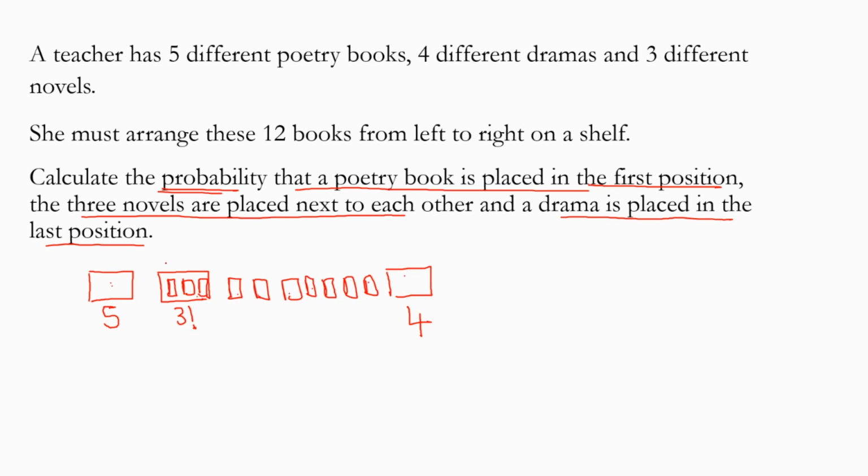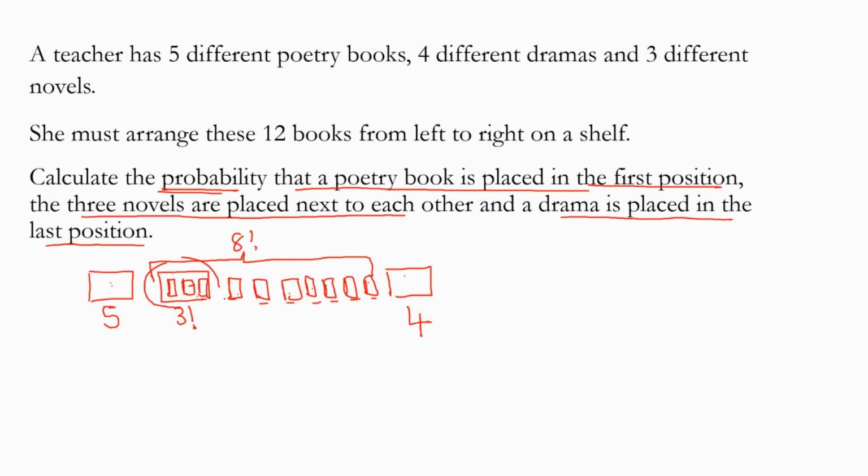But remember, this unit here is not fixed at this position. It can also be arranged in different ways with these other books. So from here up to there, we have 8 factorial arrangements. We have 1, 2, 3, 4, 5, 6, 7, 8 things, because remember, we're treating this as a unit.